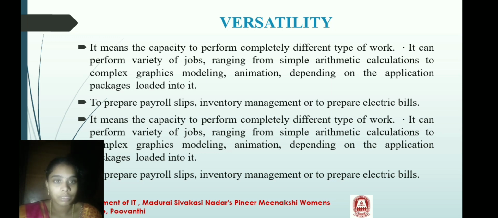It can prepare EB bills, payroll slips, and inventory management at a time, and it has the capacity to perform different jobs. That's why it is called a versatile one.